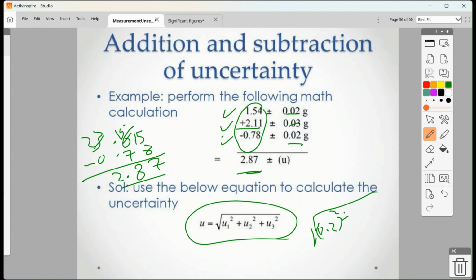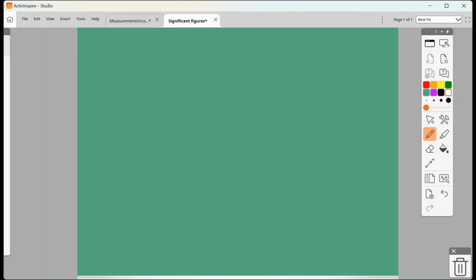Now how do we add this? Let's use the calculator. Under root, 0.02 all square plus 0.03 all square plus 0.02 all square.